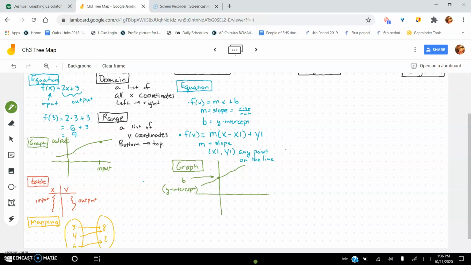And then you would be able to count a rise over run to get your slope. You get your slope by counting how far up each point goes and how far over, and that gives you the rise over run. Uphill lines would have a positive slope, and downhill lines would have a negative slope.